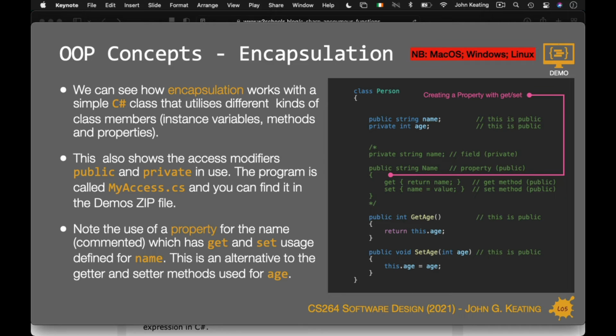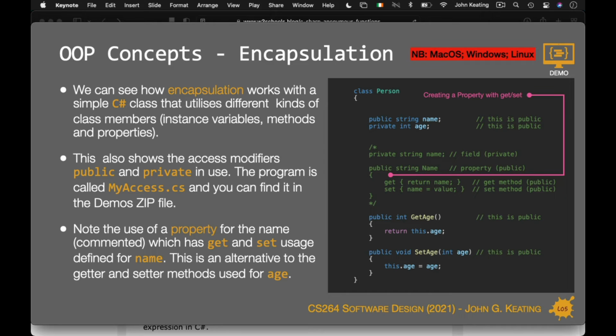Really bad idea. Fields, internal data in a program, you never make those public. You always have them private, and you set up accessor methods, getters and setters, in order to access that data. So there are a few ways to do this.